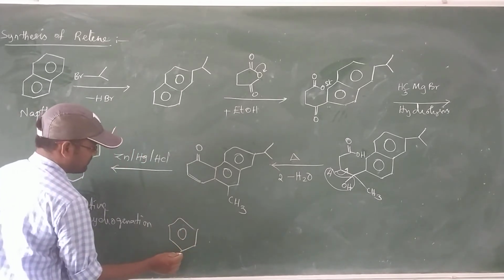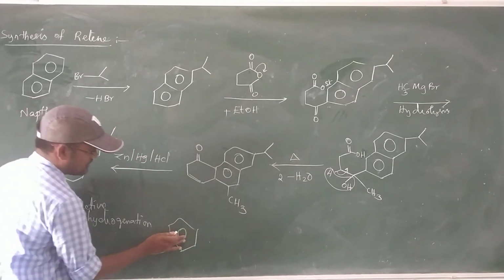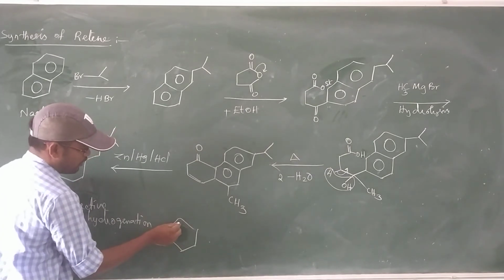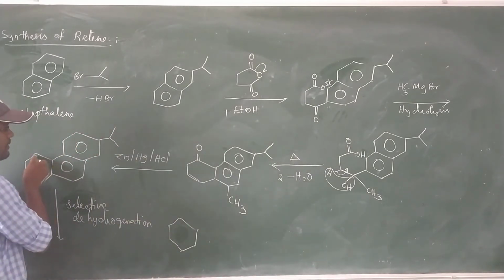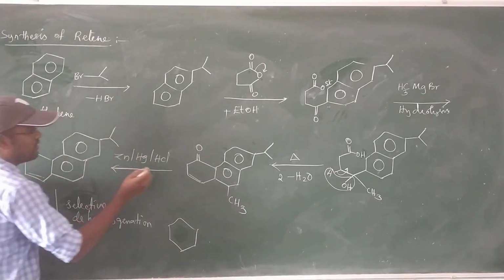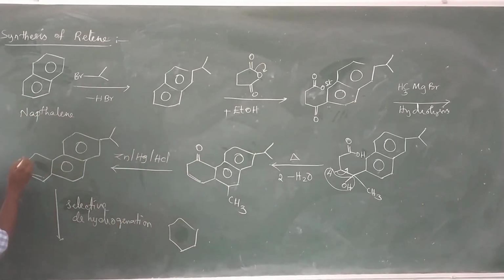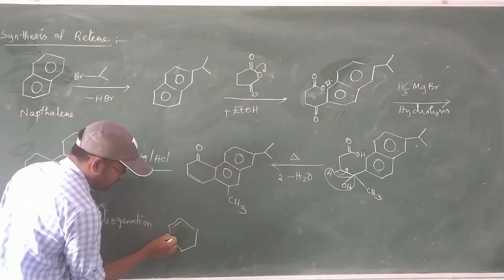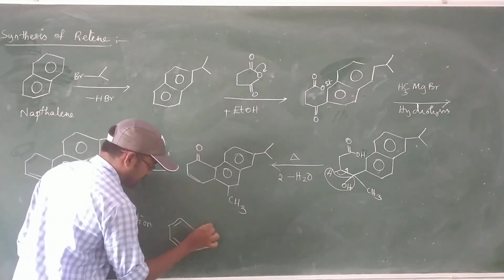It looks like an aromatic ring. Another mole of H2 is eliminated from here, from these 2 carbon atoms. As a result, a new bond forms between 2 carbons.